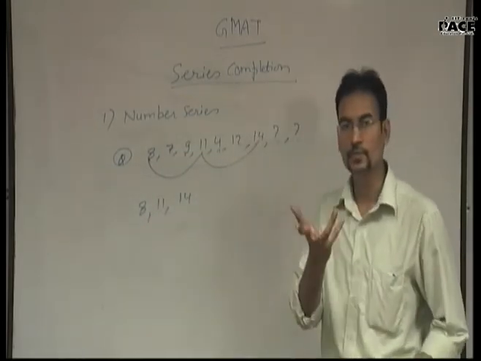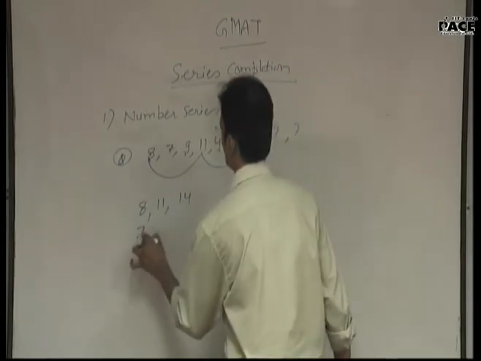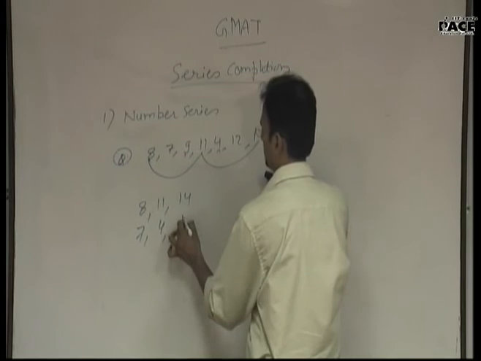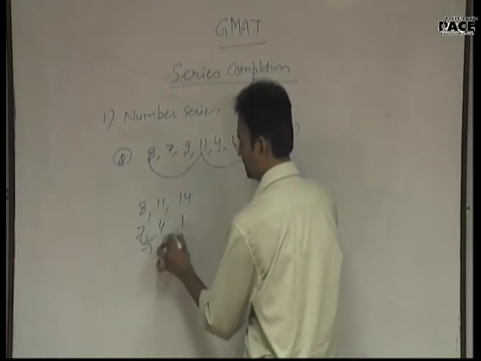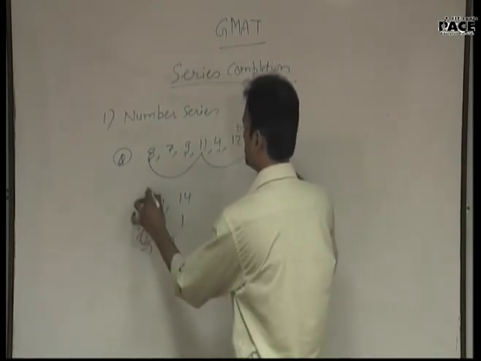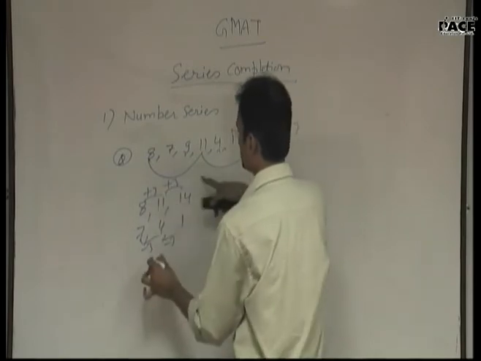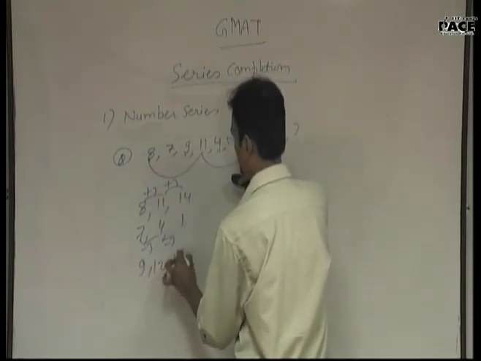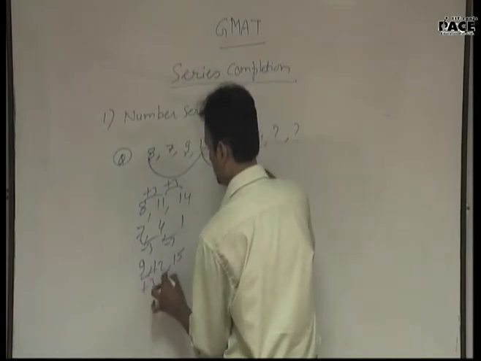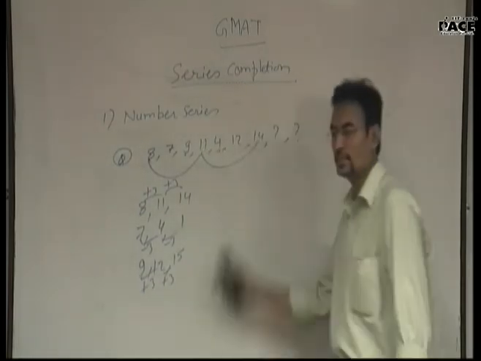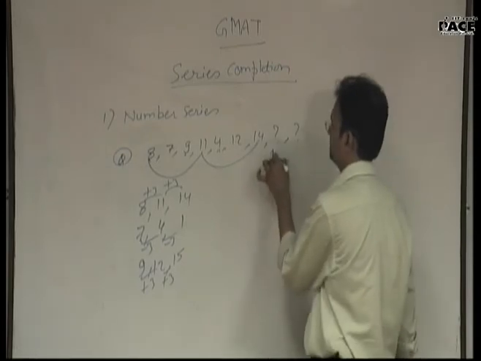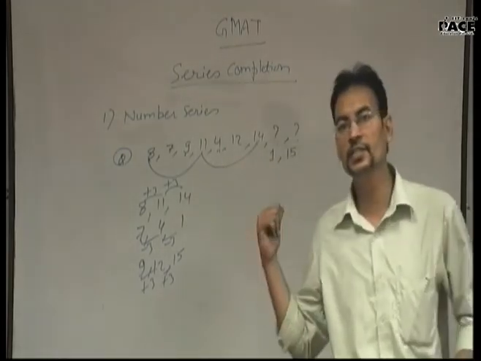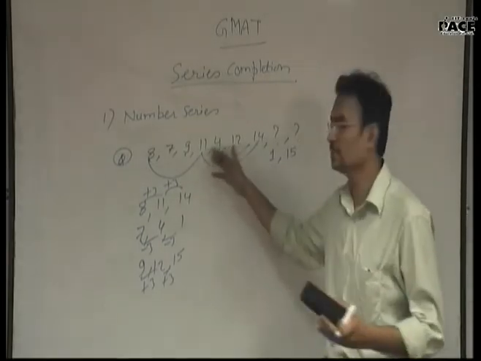We are skipping 2 terms in between: 7, then 4, and then it should be 1, because the difference is -3. Here it is +3. And then the next term is 9, then 12, then it should be 15, +3. So the answers are 1 and 15. This is a case of 3 multiple series.